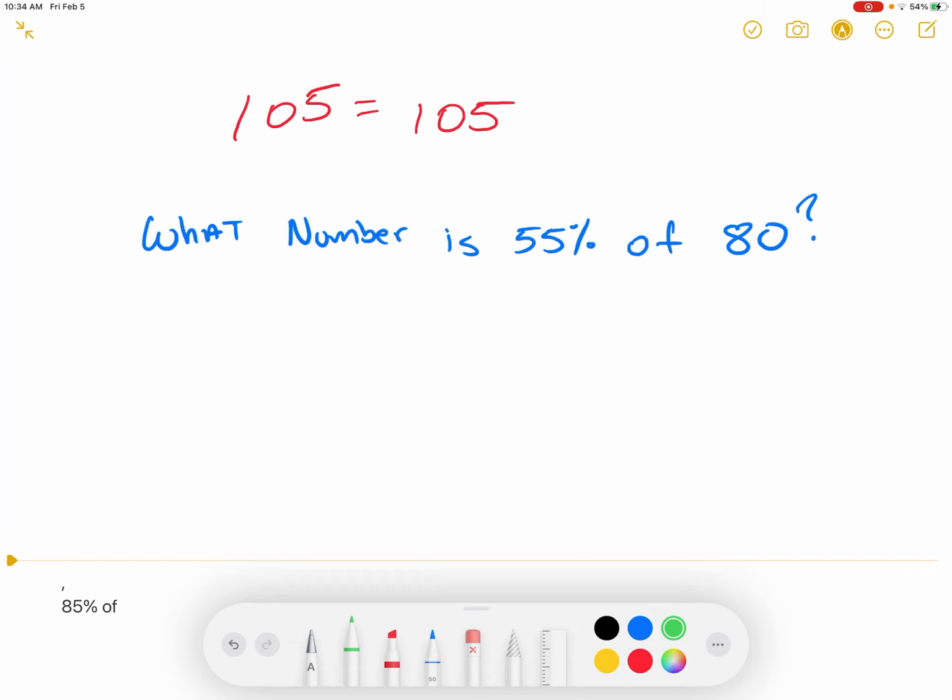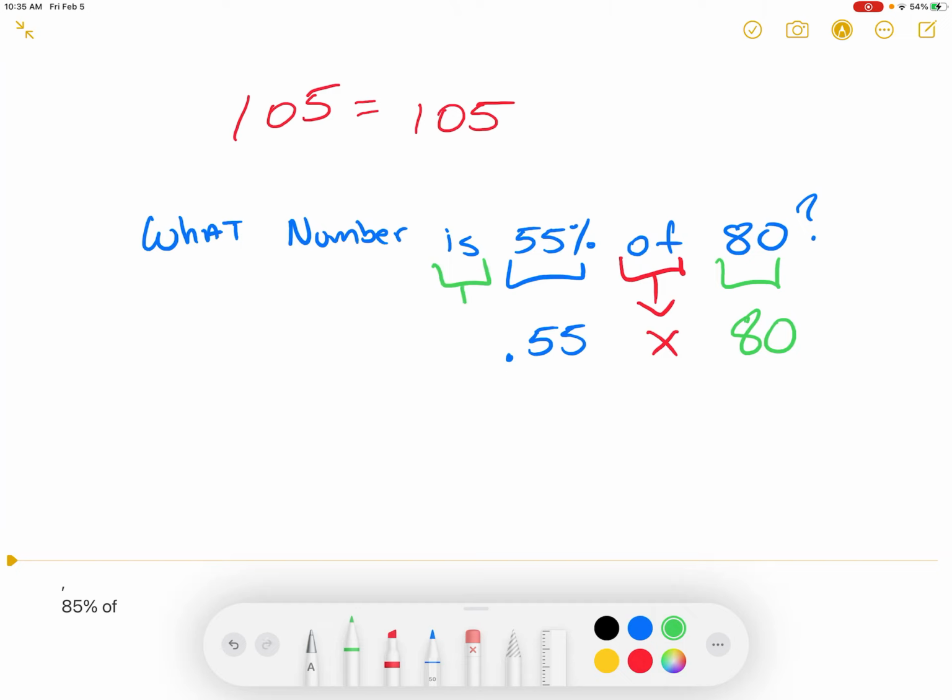Well, very quickly. I know the total is 80. I know "of" is multiplication. I know 55% can be rewritten as 0.55 in the same way as 55 cents of 100, or out of 80. But for our purposes, it's 0.55.